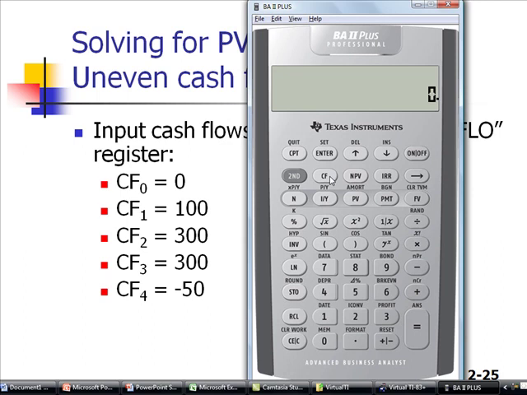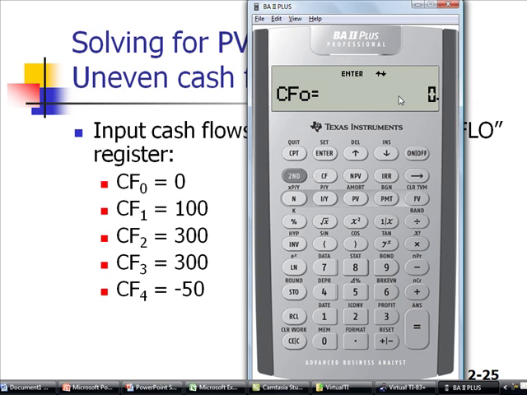But it's a little bit different when you have uneven cash flows from period to period. So how do you tackle that situation? Well, the first thing you have to do is tell the calculator what the cash flows are. So to do that, you go into the cash flow registers, the CF button.